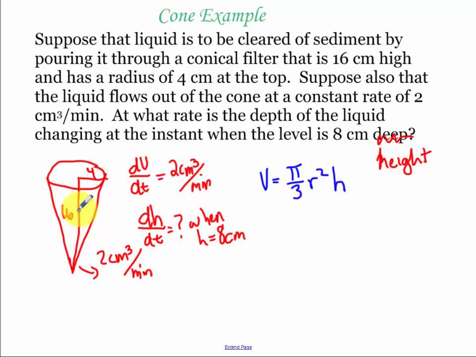At any point h, versus r, we have similar triangles. So 16 is to h as 4 is to r. I need to get rid of r, so r is going to equal h over 4. So I need to substitute this back into my volume equation.